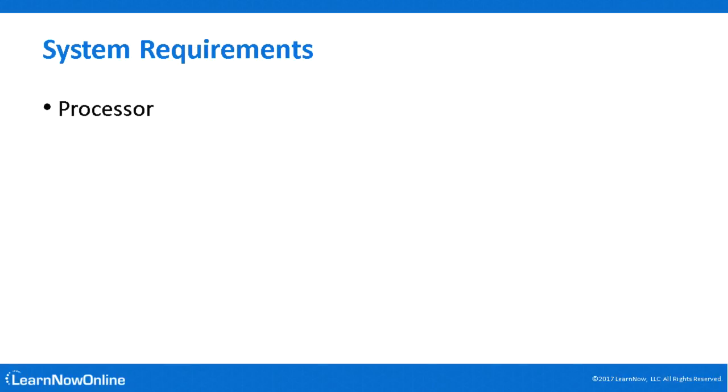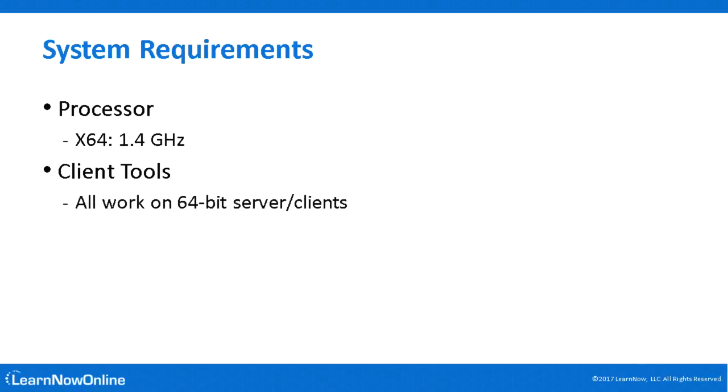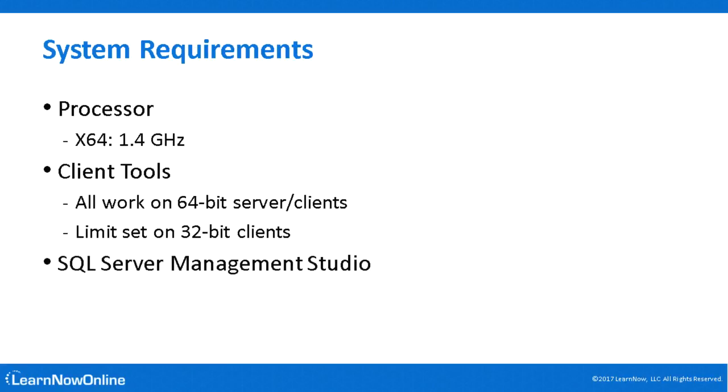With the x64 processors now, you need a minimum of 1.4 gigahertz to run the SQL Server installation, but the recommendations are much higher. For client tools, all will work on 64-bit servers and clients, but some client tools of SQL Server still support 32-bit versions and lower gigahertz.